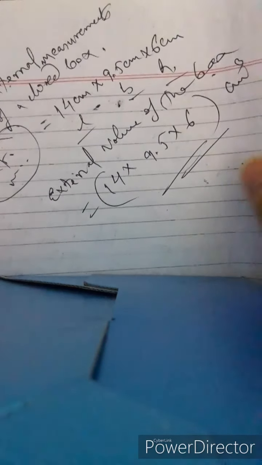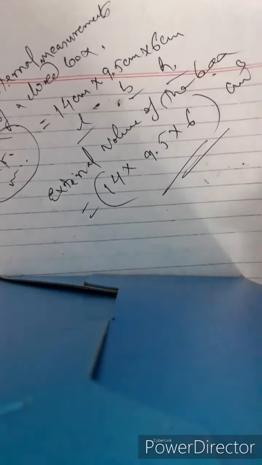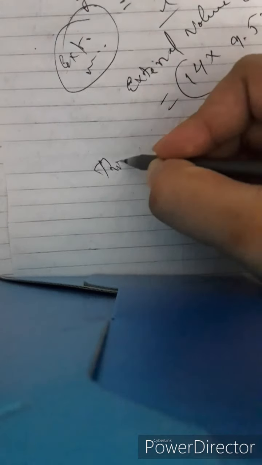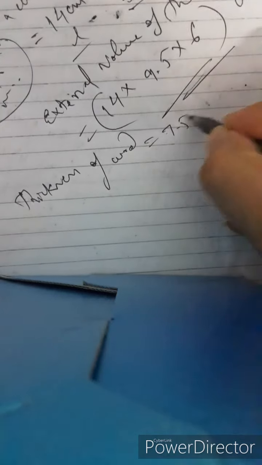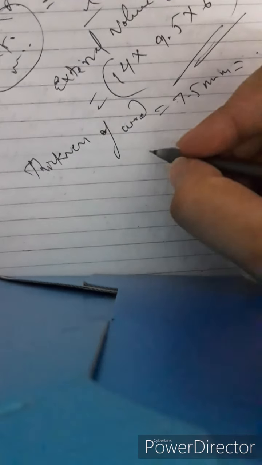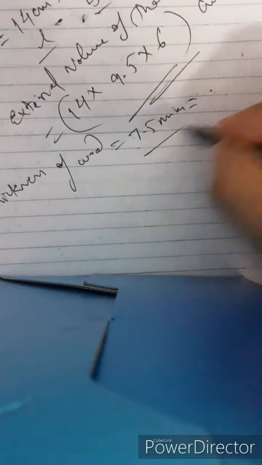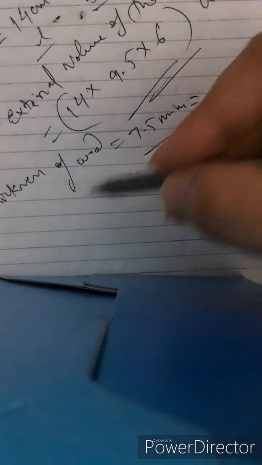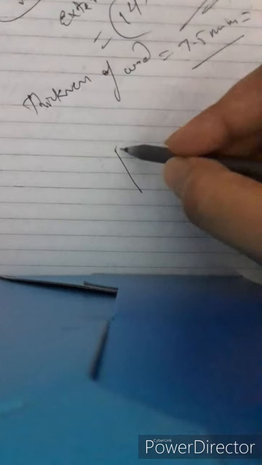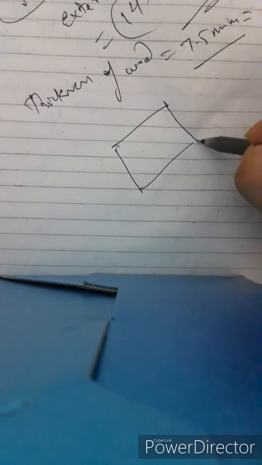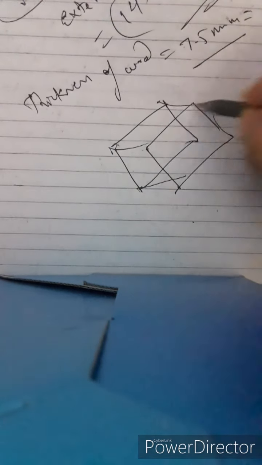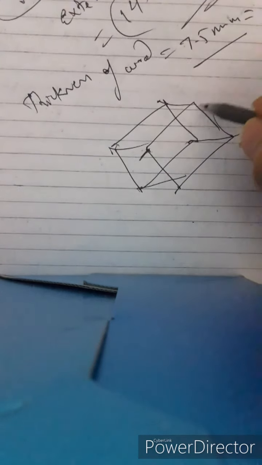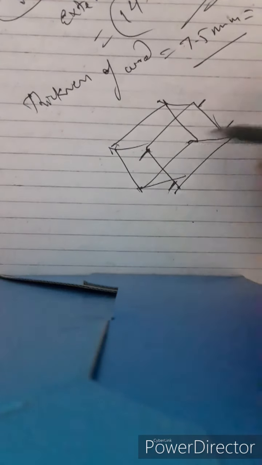All right, now it is given that the wood is 7.5 millimeters thick. That is, the thickness of the wood is 7.5 millimeters. Now the thickness is on both sides. That is, if the box is there, I'll show you. Suppose this is the box. The thickness of the wood is actually on both sides, whether it be here or here, like that.